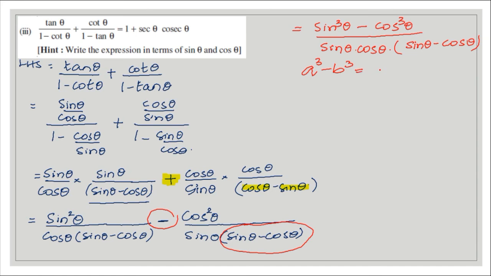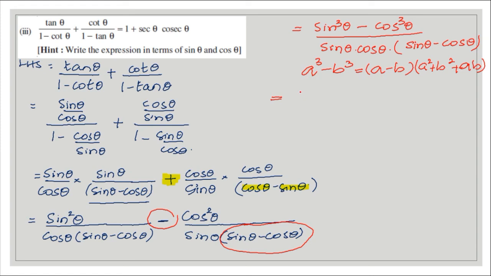We all know that a cube minus b cube is a minus b multiplied to a square plus b square minus ab, sorry, plus ab. Whenever there is a negative, we get a minus b and the rest of the terms are positive. This we had learned in class 9th. Let's use that.